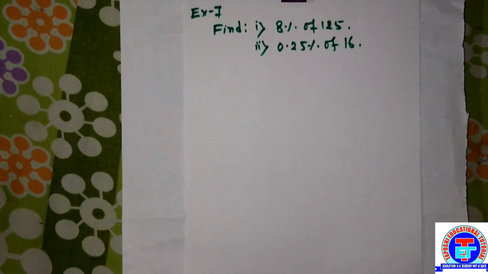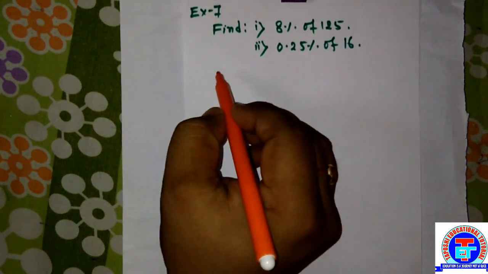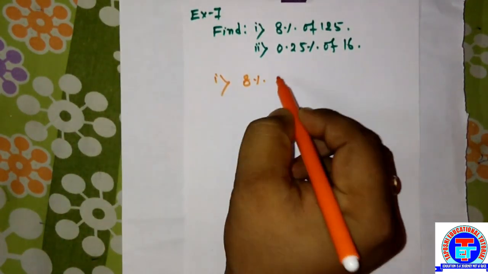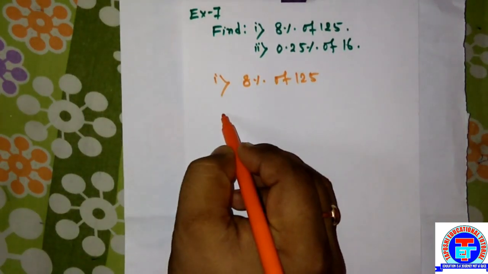So here given, find number 1, 8% of 125. So how to solve this problem? It is so easy.